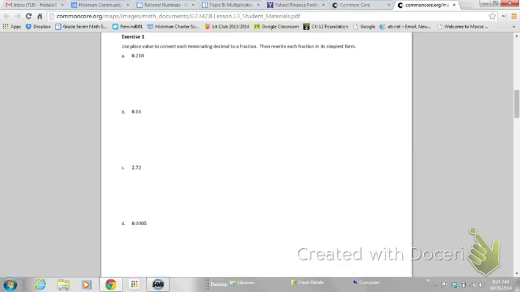So you're first going to do that conversion, and then change it to its simplest form, paying attention to which place value that final digit of your decimal portion resides in, because that is going to be your denominator in the fraction. So go ahead and do that and come on back.